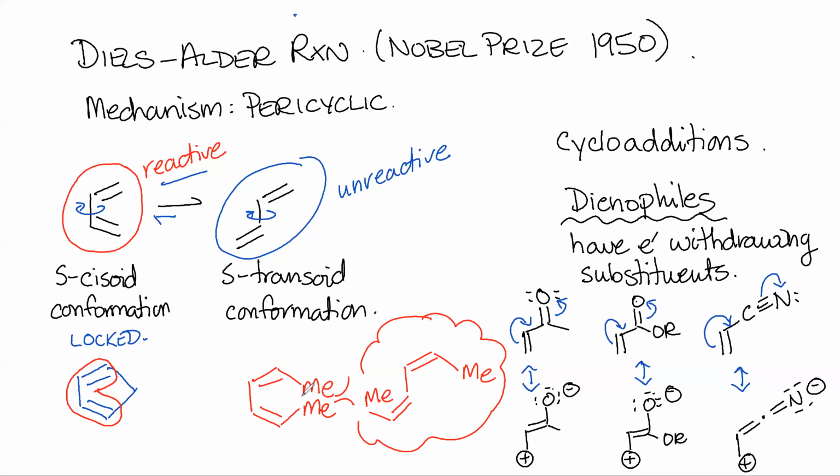And the obvious question is, well, why is this the reactive conformation and this one is unreactive? And we're going to get to that in a second. The neat thing is that this reaction is controlled by the molecular orbitals of the two groups on them. So I guess we'll talk about that next. And then we'll talk about the fact that this reaction is stereospecific.